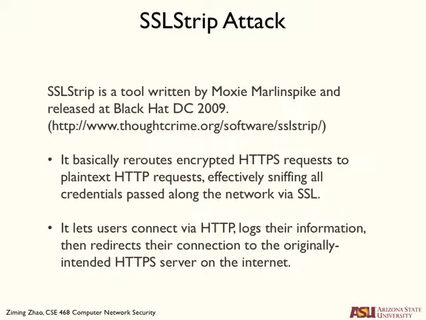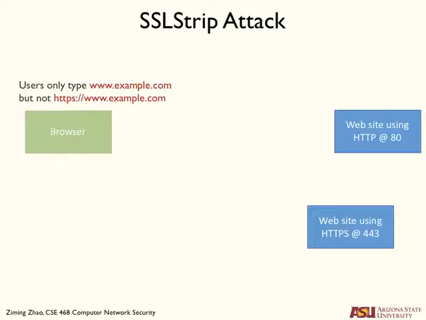Basically, the tool wants to reroute encrypted HTTP requests to plain text HTTP requests, basically stripping off the SSL layer. In this attack, TLS or SSL is not really breached, but the attacker finds a way to bypass it. I will show how it works.